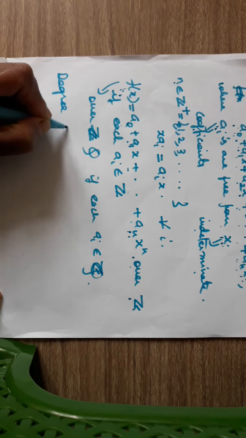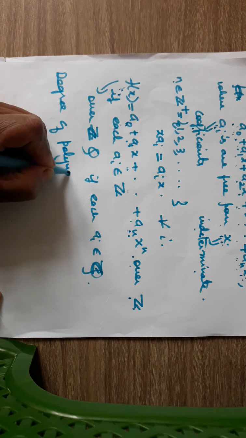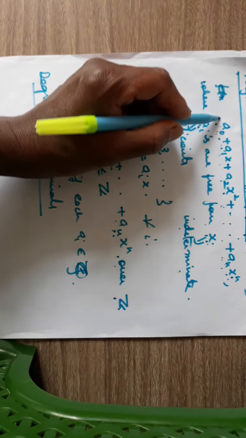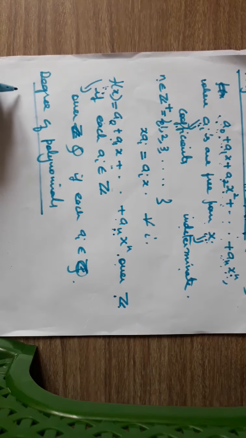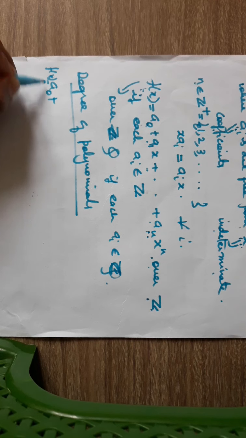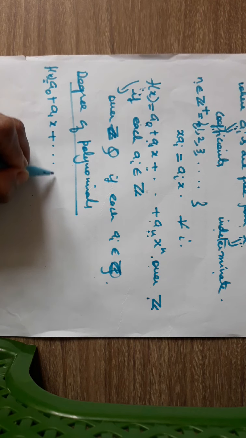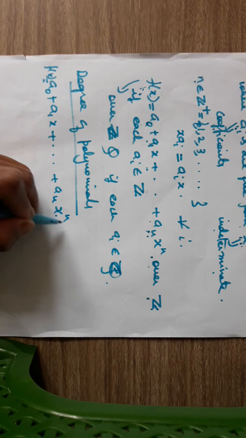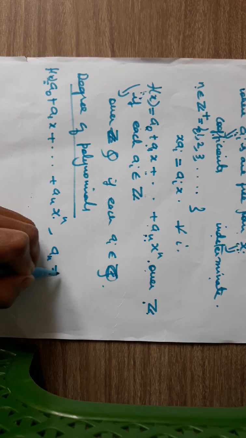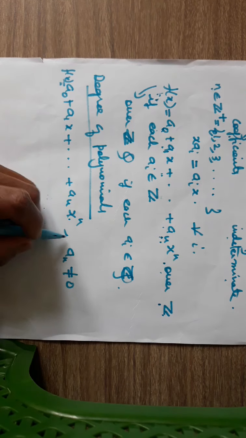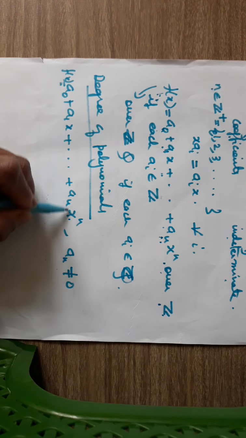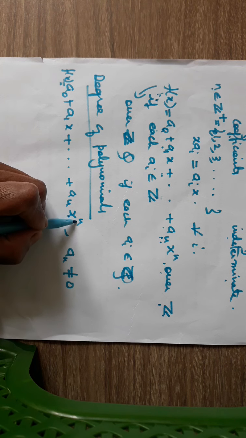Now we come to the degree of a polynomial. If you have f(x) equal to a0 plus a1x plus dash plus an x to the power n, with an not equal to 0, then the highest power of x, as you can see, is x to the power n.